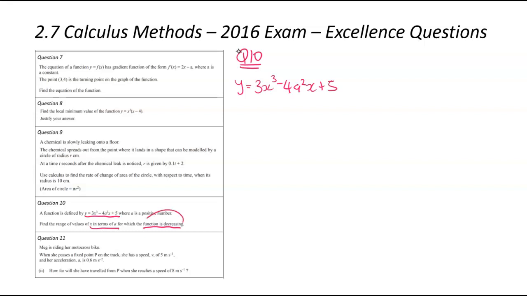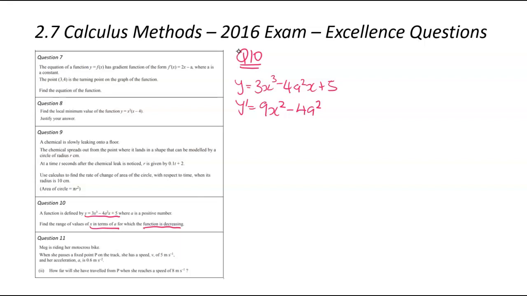And we're dealing with when it's decreasing. Decreasing and increasing is to do with the gradient. So we're going to need the gradient function. So y dash will be equal to 9x squared minus 4a squared. We now need to think, well, how are we going to know when it's increasing or decreasing?